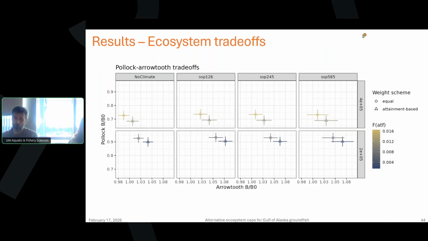If you look at pollock versus arrowtooth, the trade-off space is kind of a declining line between the two, where the more arrowtooth biomass you have in the system, the less pollock biomass you have, and that's, like I said, mediated by this trophic interaction. So the decisions that you make as to what you catch, how, and in what proportions have effects on the other species as well, since this is a multi-species system.